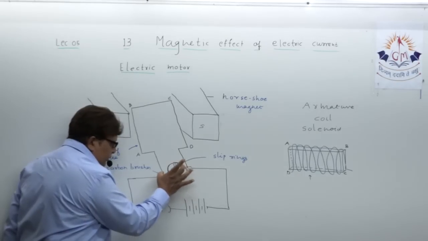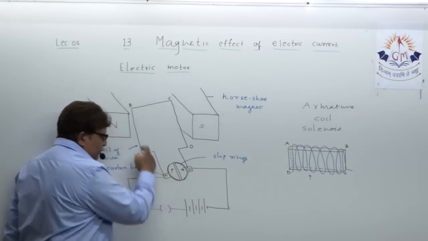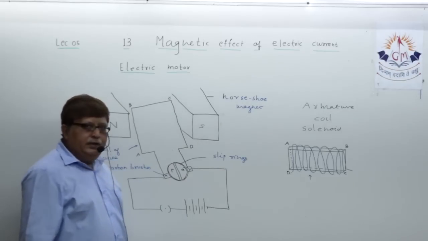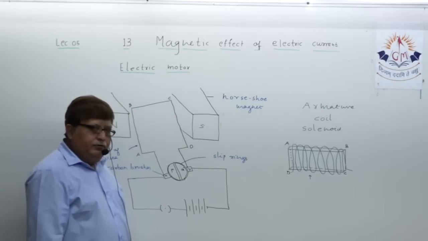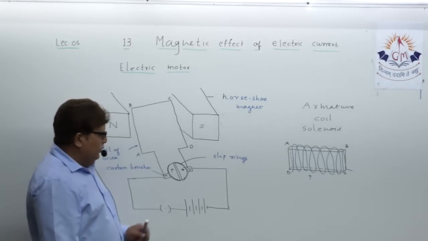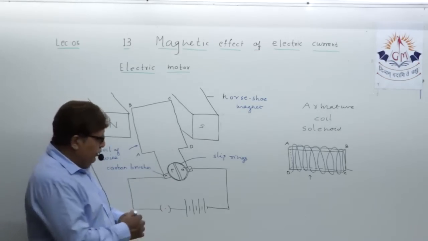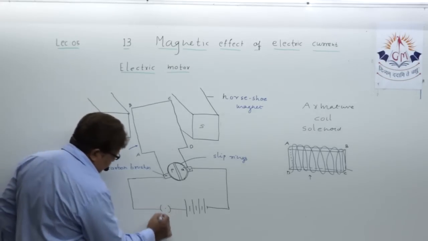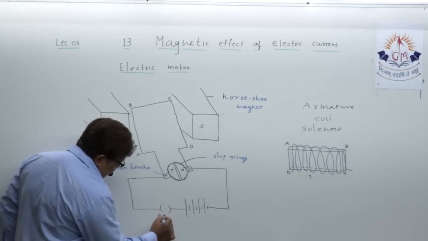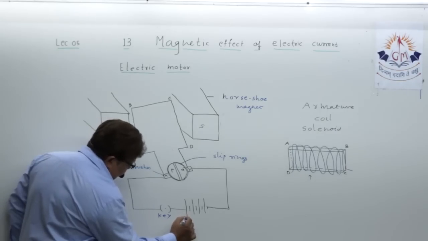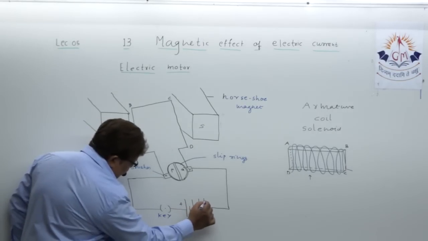The carbon brush remains stationary to make sure that a constant flow of electric current flows inside the coil of wire. Okay, dear student, this is the key, and this is positive and negative.